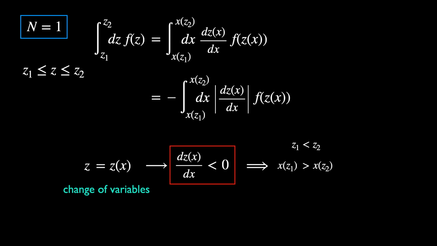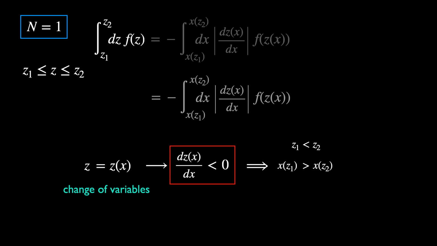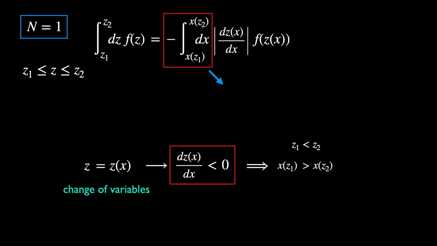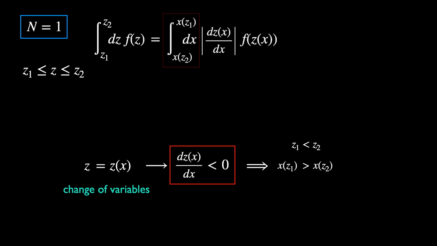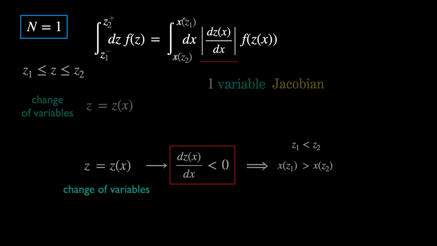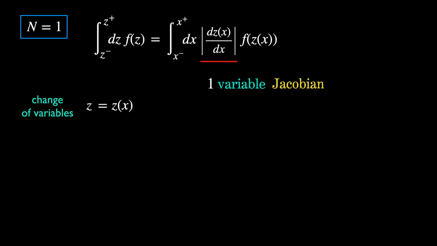This minus sign could then be used in switching the limits of the integral. In this way, the new upper limit will be larger than the lower limit, following our convention. Thus, the absolute value is the simple consequence of the integrals on both sides satisfying the same limits convention. This is the standard result.